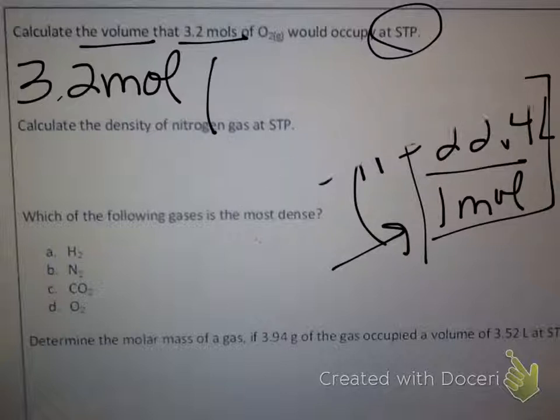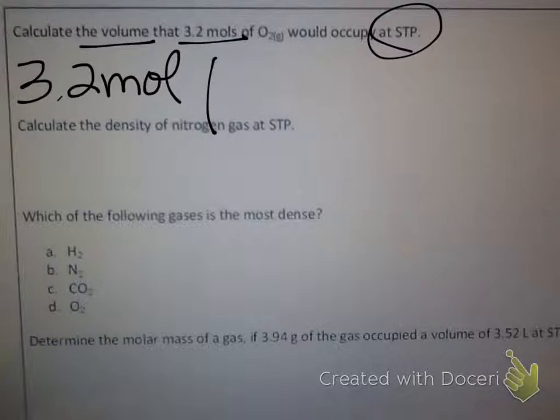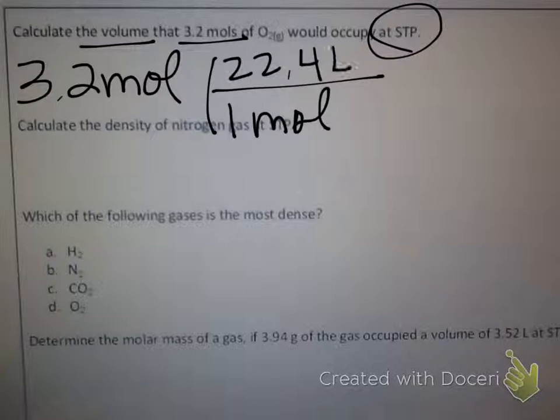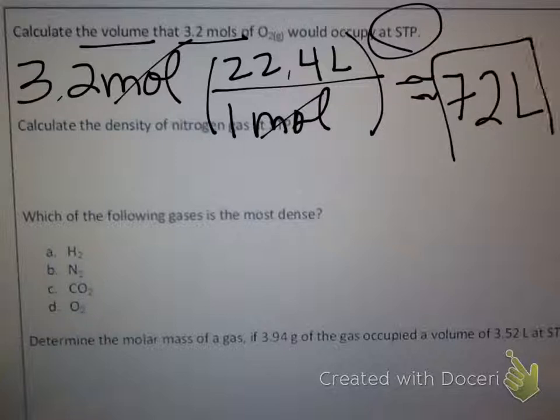Meaning, if we have 3.2 moles of gas, we know that 1 mole of gas at STP occupies 22.4 liters. So 22.4 times 3.2 equals, what does it equal? I get 71.68 liters, or roughly, to 2 significant figures, 72 liters of gas.